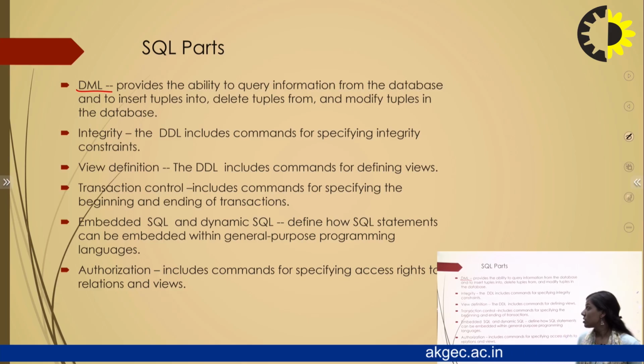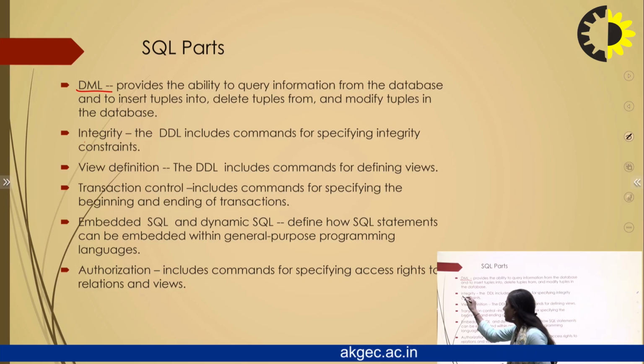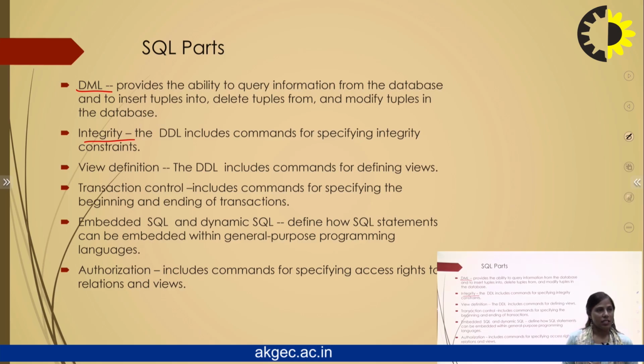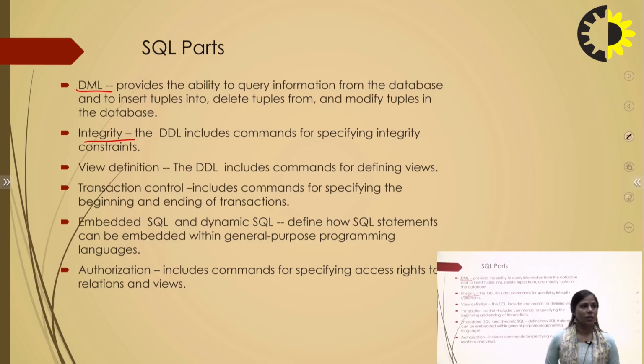Then we are going to discuss integrity. There are various integrity constraints in the SQL parts. It includes the DDL commands, in which it specifies the various integrity constraints. We will discuss this with examples in the coming slides. So these are the various integrity constraints defined in a database. Then we define the view definition, that is, which particular views are defined; we can use this in the DDL commands.